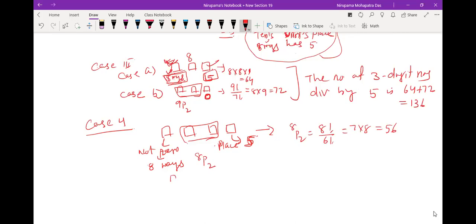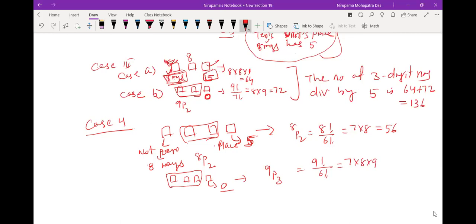Similarly, in sub case 2 you have 0 here. So when you have 0 here, 3 places and remaining 9 digits. That is 9p3. So 9 factorial by 6 factorial, that is 7 into 8 into 9.